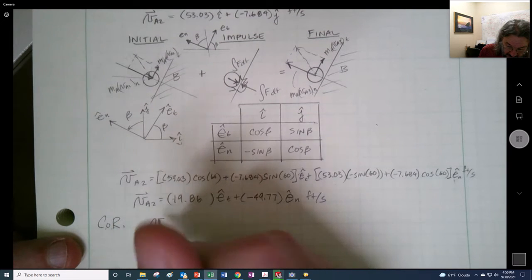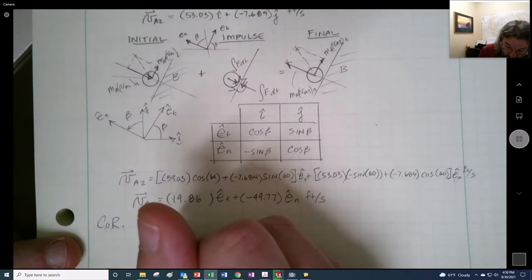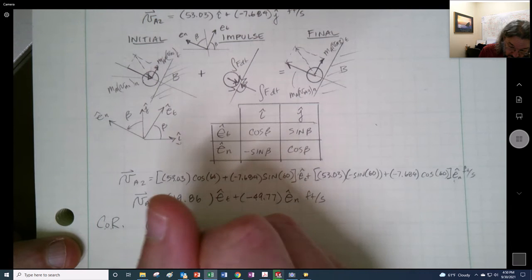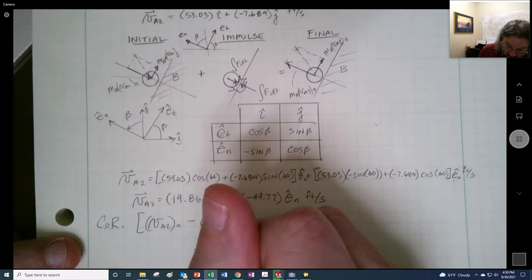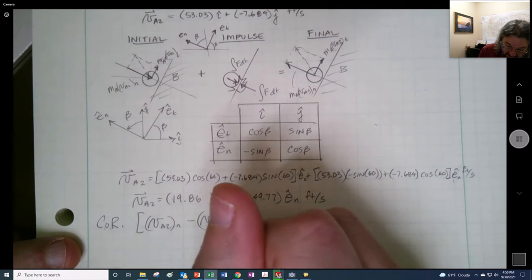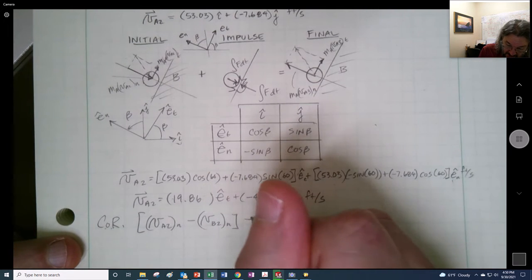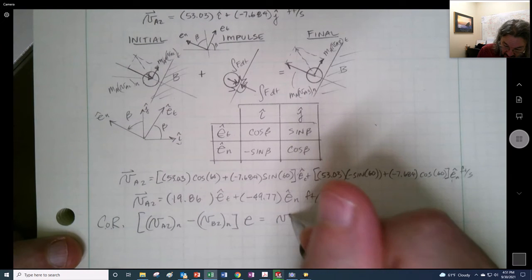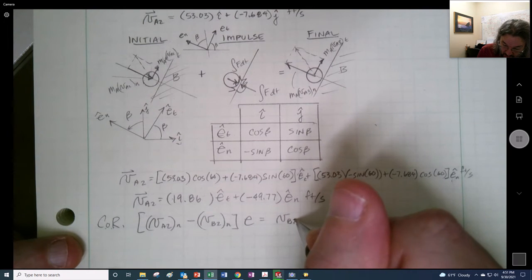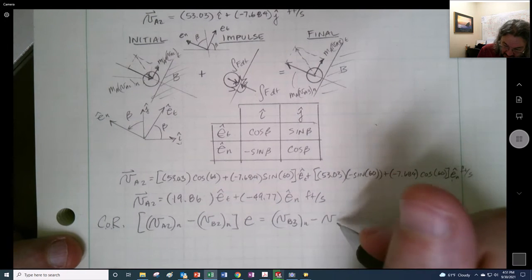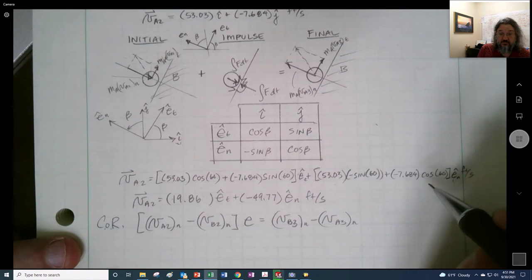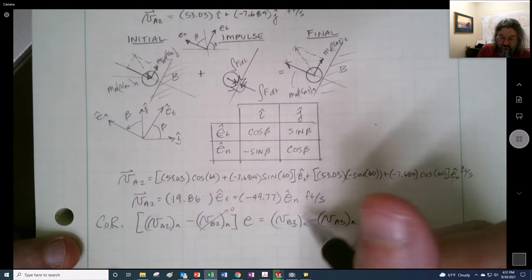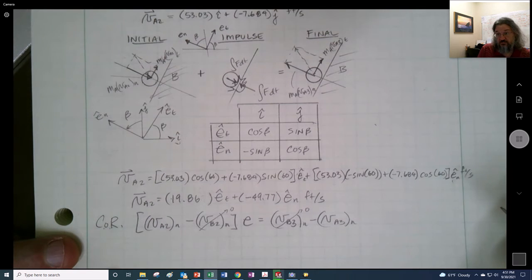So the velocity of A2 in the normal direction minus the velocity of B2 in the normal direction, times E, is going to be equal to the velocity of B3 in the normal direction minus the velocity of A3 in the normal direction. But the wall isn't moving.